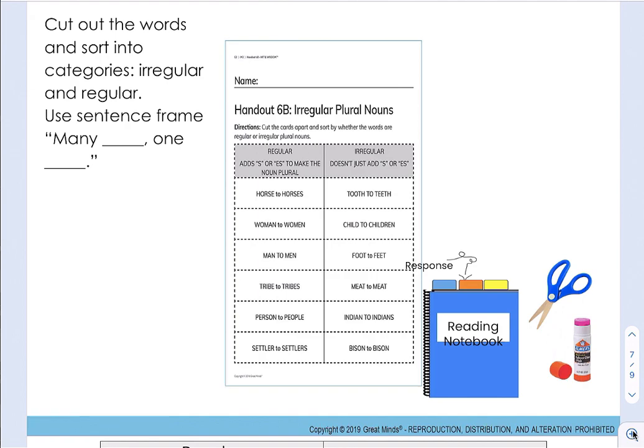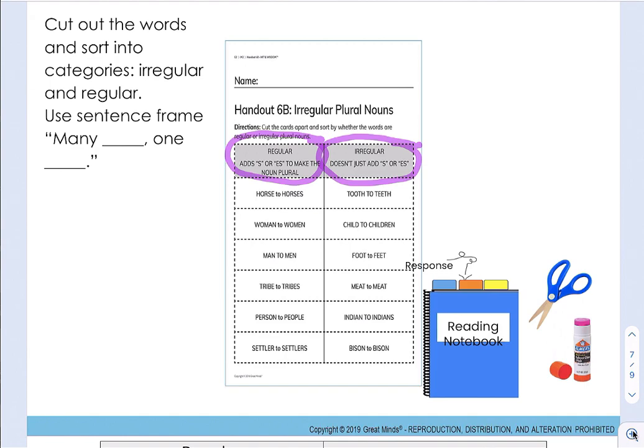So you're going to sort the words into two categories. So that will be those gray colored rectangles. We have regular nouns where you're just adding an S or an ES to make the plural noun. And then we'll have irregular. So the nouns that don't add an S or an ES.